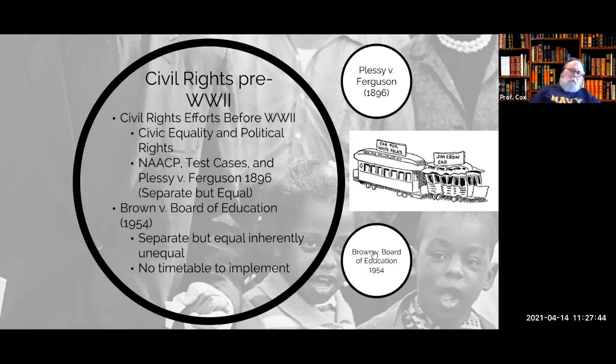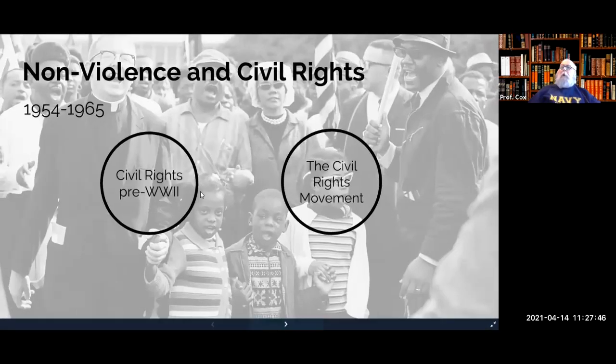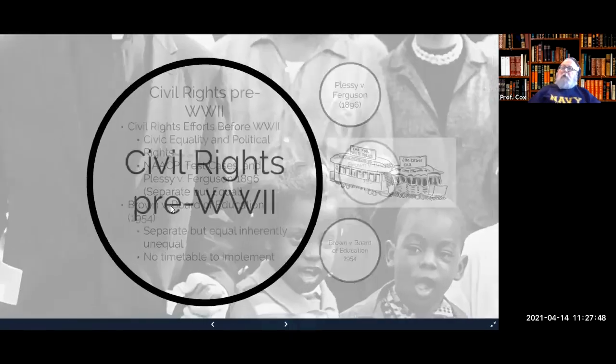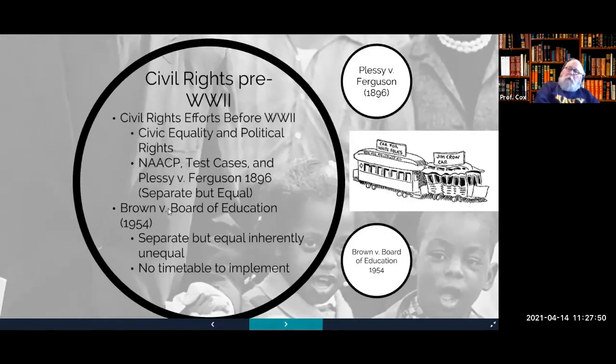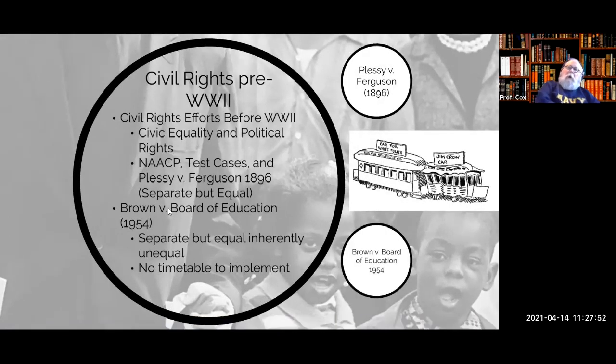And so this strategy of the NAACP to challenge segregation laws or Jim Crow laws in court is successful on an individual basis, but it's inefficient, ineffective, essentially in the bigger picture.